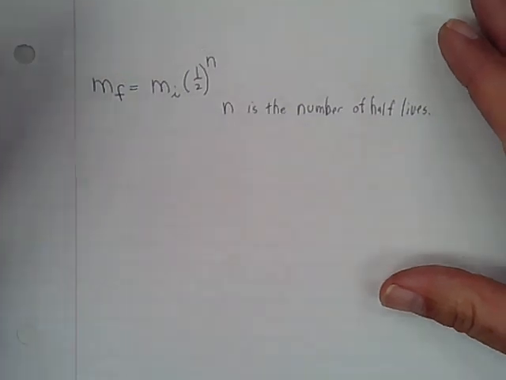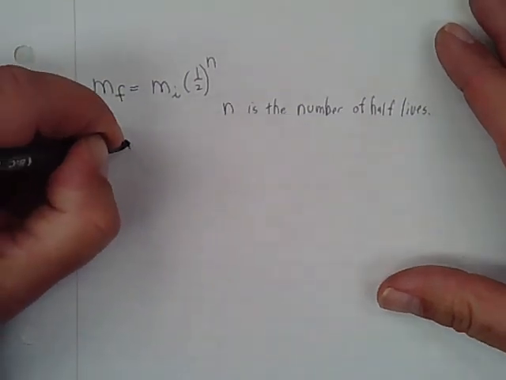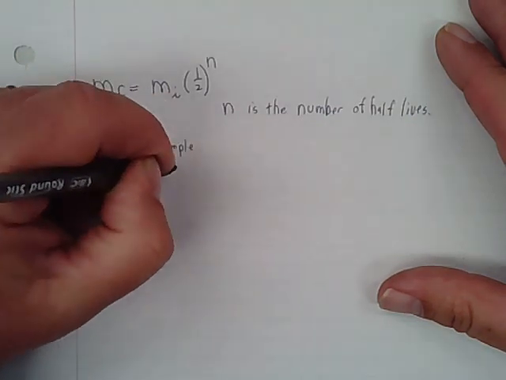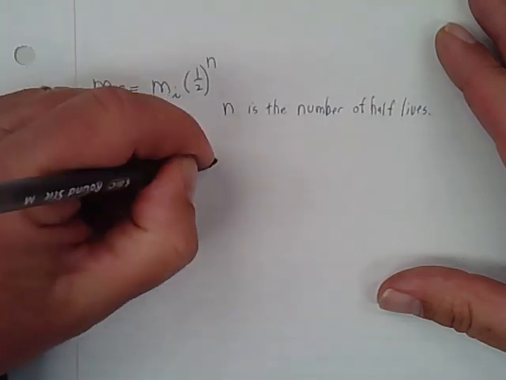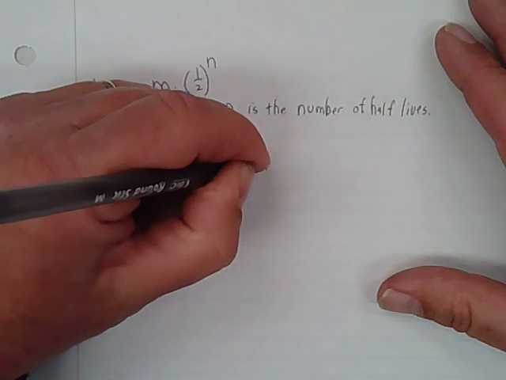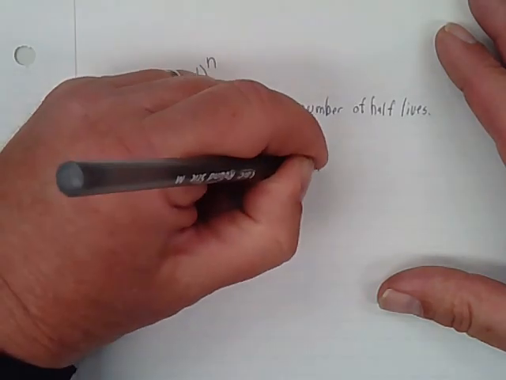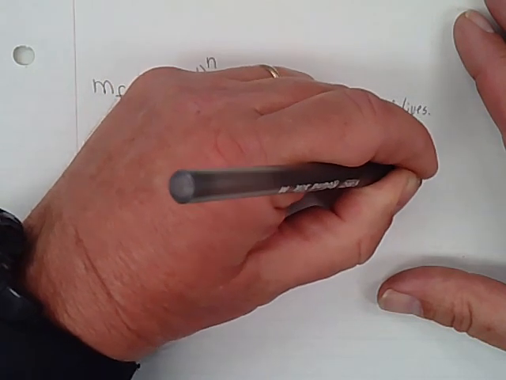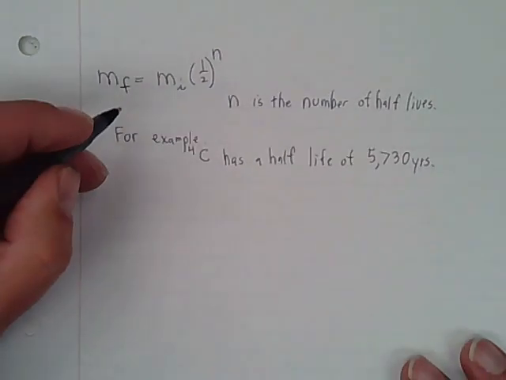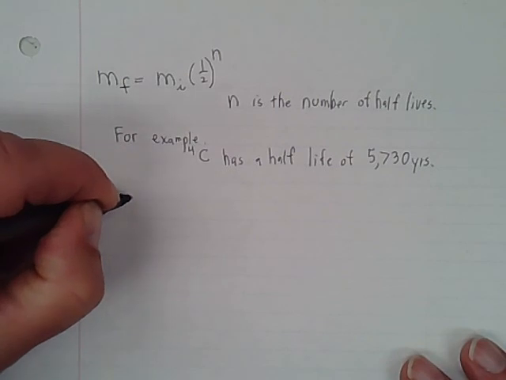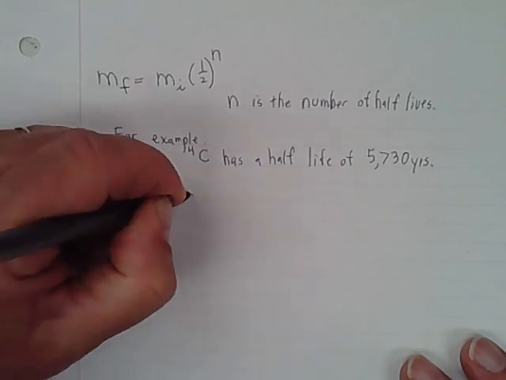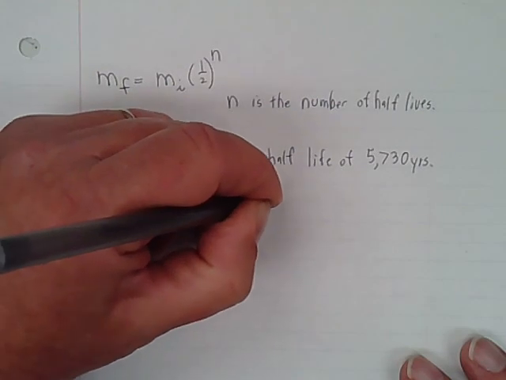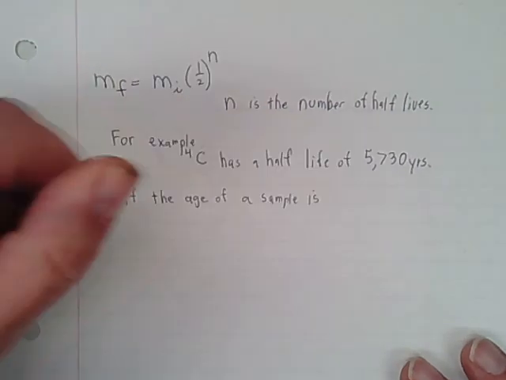So, for example, carbon 14 has a half-life of 5,730 years. Nice.